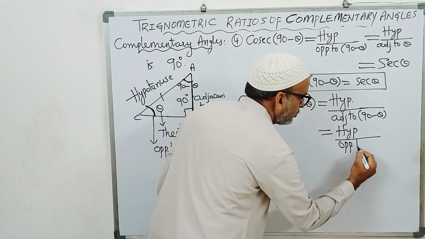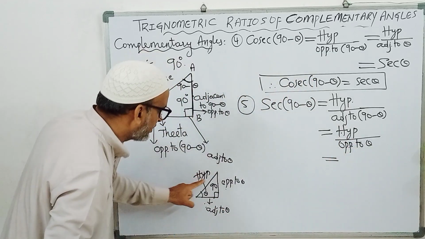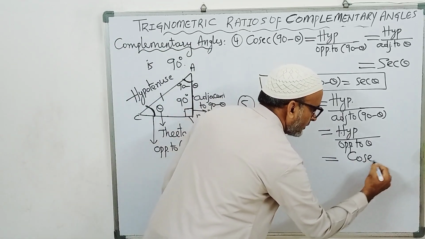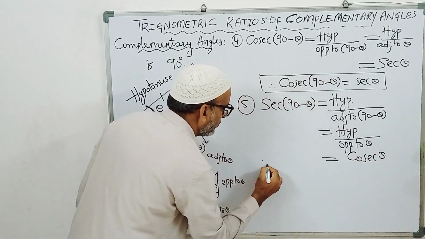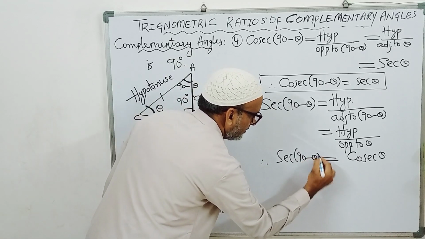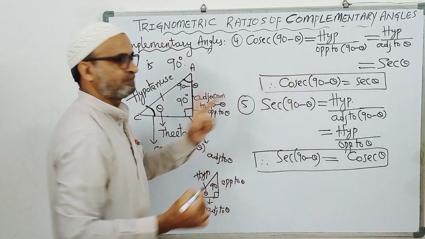Hypotenuse by opposite means cosec theta. Therefore, sec of 90 minus theta is equal to cosec theta. This is my fifth formula.